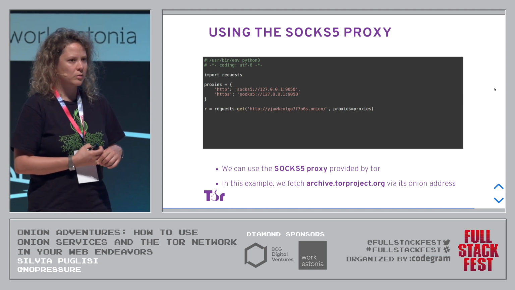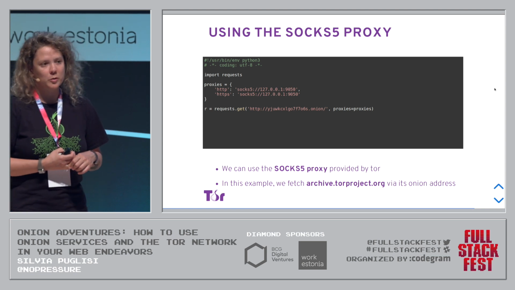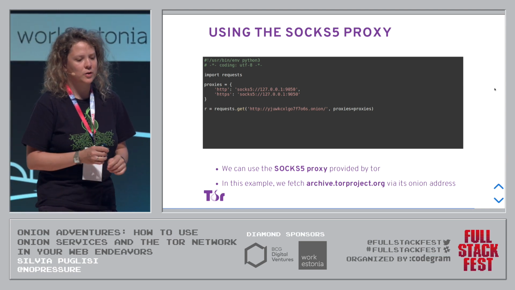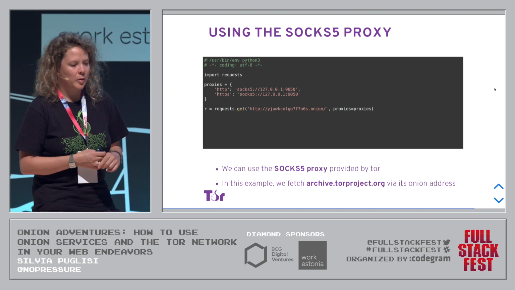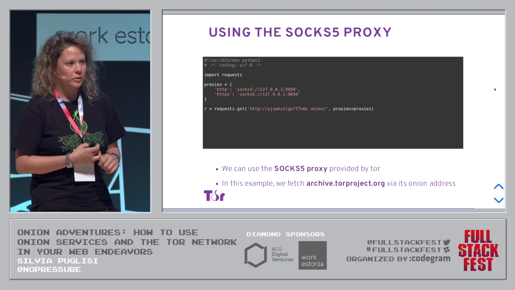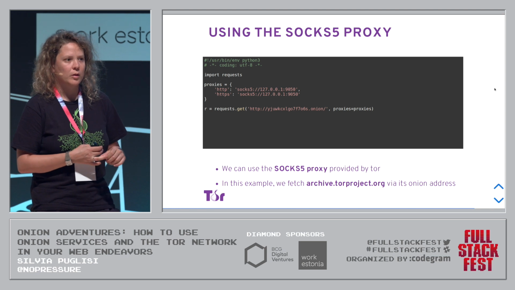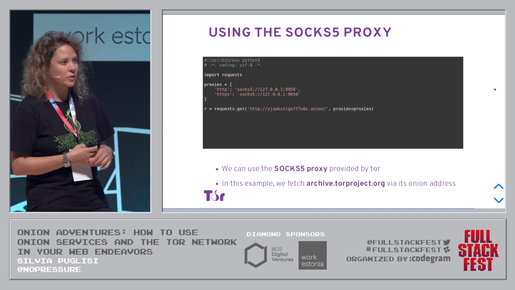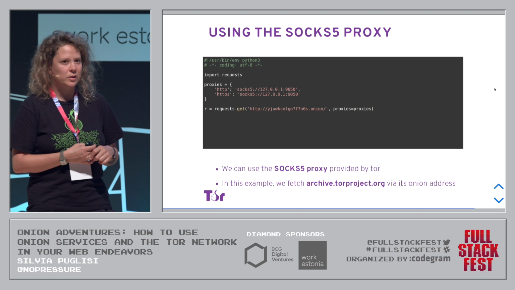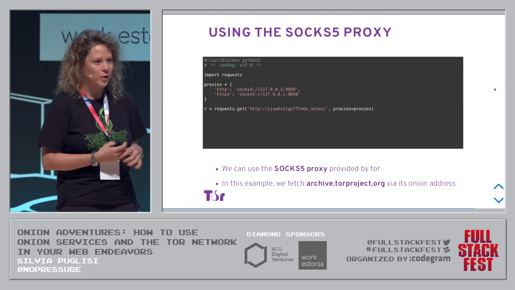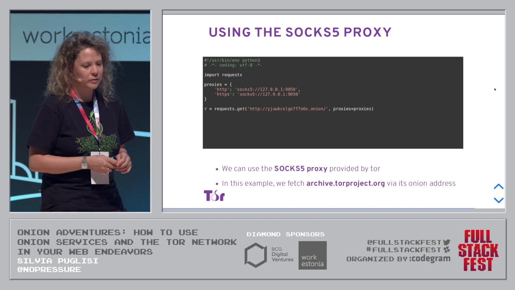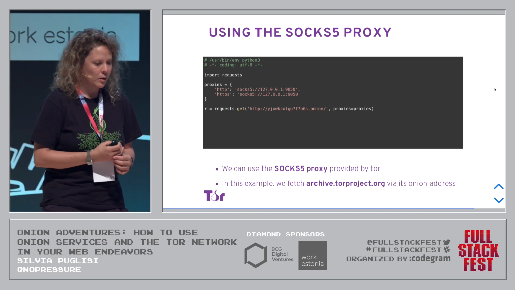If not, you might have to fetch requests, which is a library. And the thing is that you need a library that supports communication over socks 5 or socks in general. Some programming languages, unfortunately, do not support that. I tried to have also a Ruby example, but I heard that in Ruby, support for socks 5 is not that good, which is a shame because I really love Ruby.